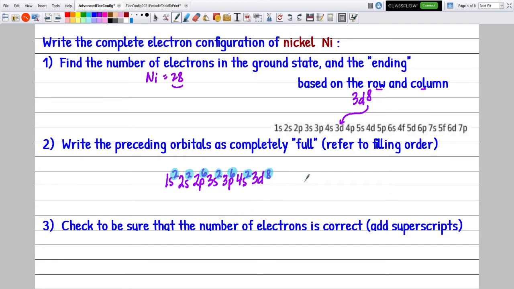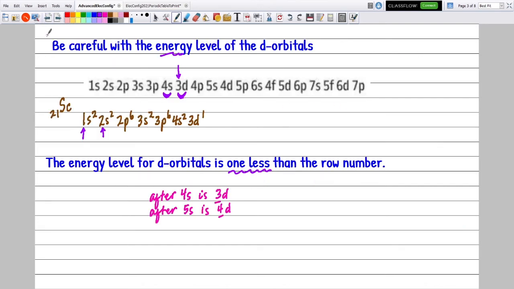And so this is the correct electron configuration for nickel. Just remember, when you're dealing with a transition metal whose ending is in the d columns, the energy level for d orbitals is 1 less than the row number.